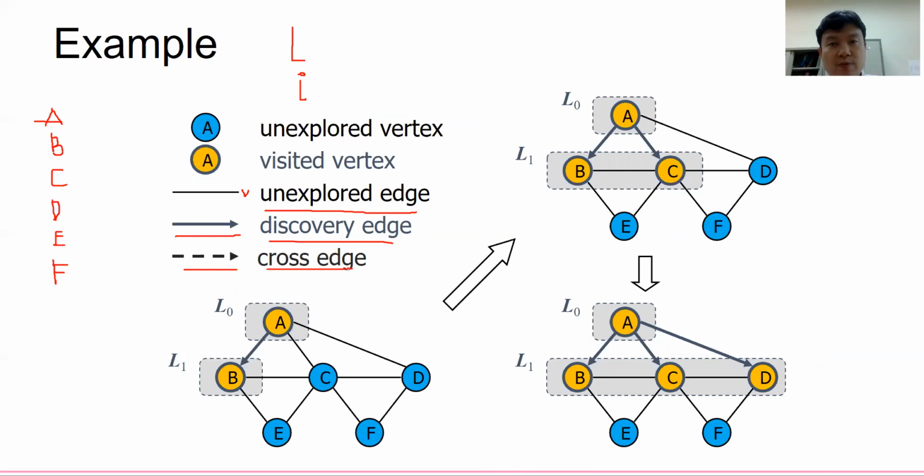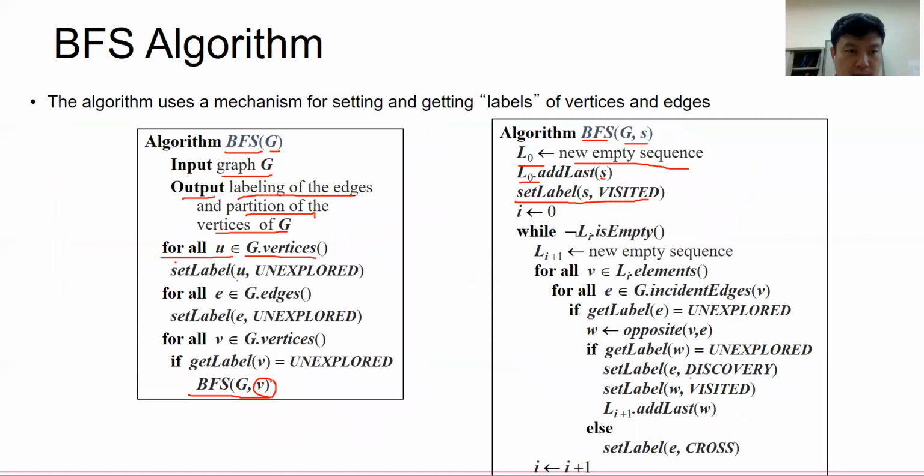Okay, so it's different. So I can say, for example, this is small d, and then this is small c, and then let's say this is small u. Now, assume that I want to start from A. So A is the starting point. For all u, the vertices, we just set unexplored.